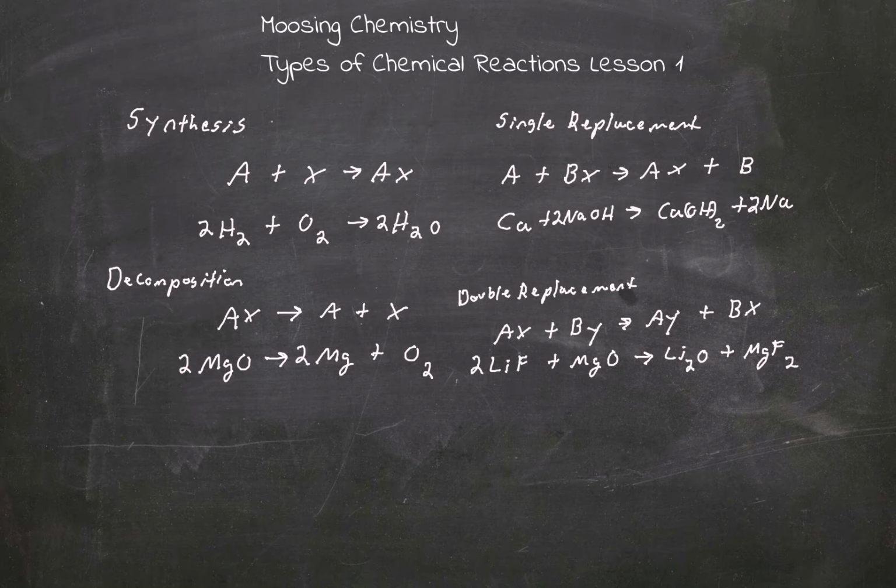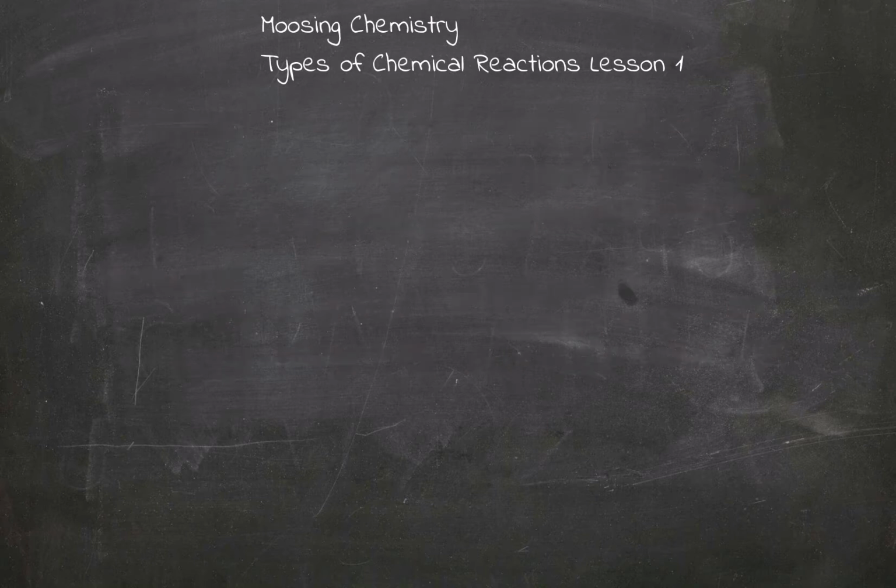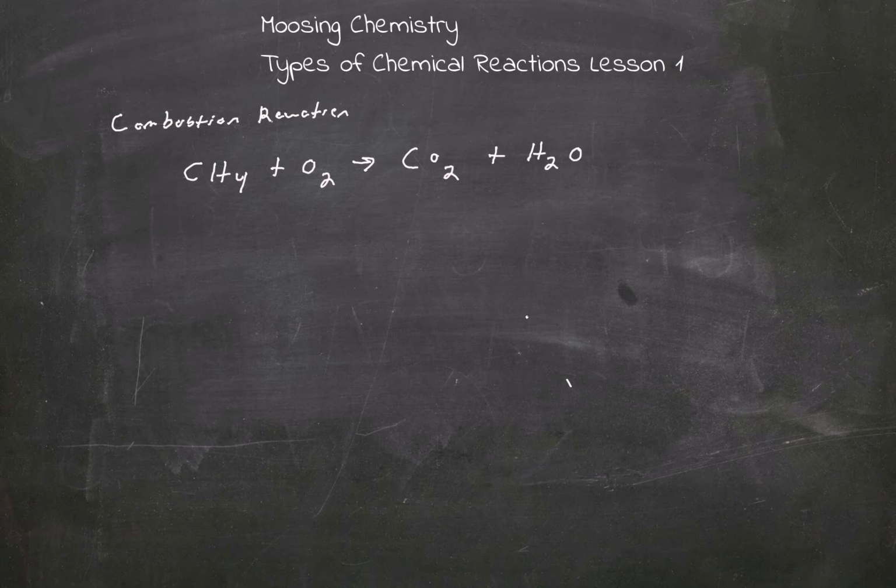The next type of reaction is called a combustion reaction. So let's clear the field here and get some more space to do this. In a combustion reaction, we have a hydrocarbon, say CH4 plus oxygen will yield carbon dioxide plus water.